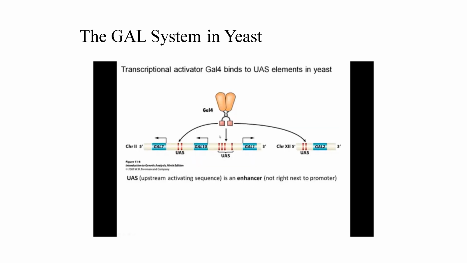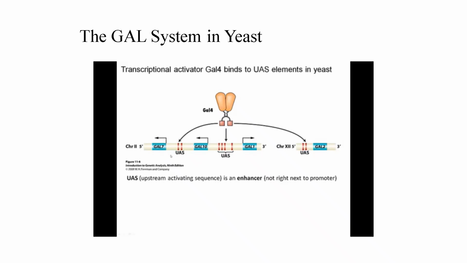And so the way this works is the following. There is a transcriptional activator called GAL4, and GAL4 will bind to particular enhancer elements near these GAL genes. These four GAL genes are similar to those structural genes in the lac operon, and these are the ones that need to get activated.